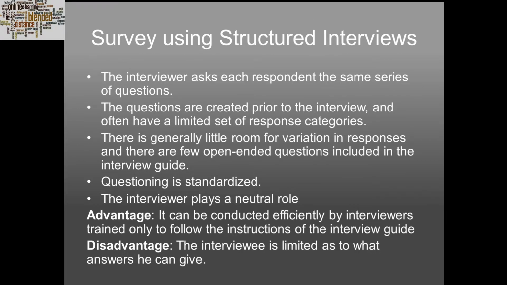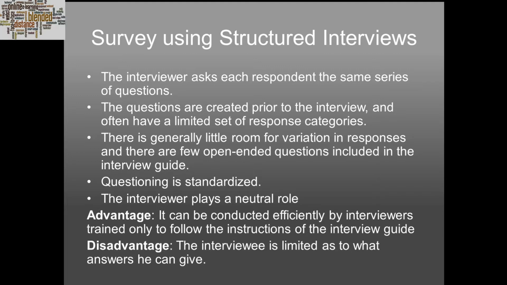A more formal method of evaluation are structured interviews. The interviewer asks each respondent the same series of questions. The questions are created prior to the interview and often have a limited set of response categories. Consequently, there is generally little room for variation in responses, and there are few open-ended questions included in the interview guide.